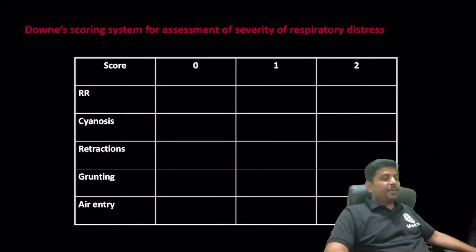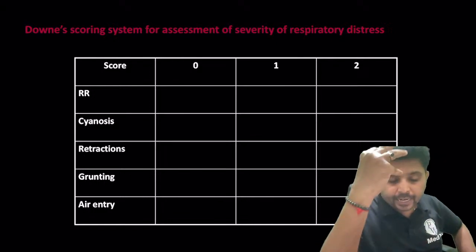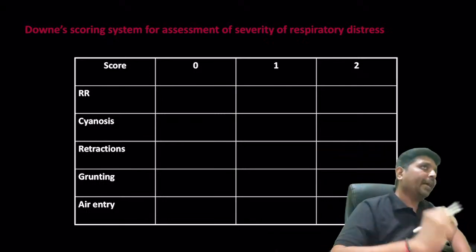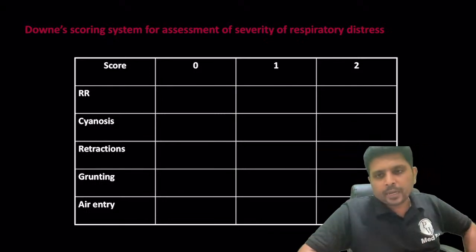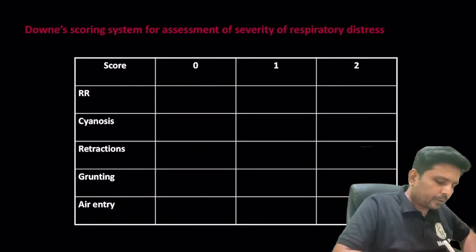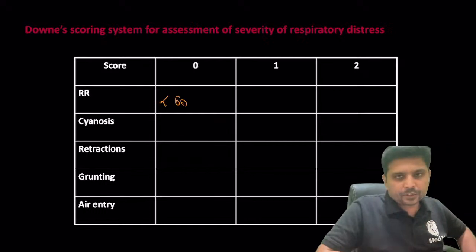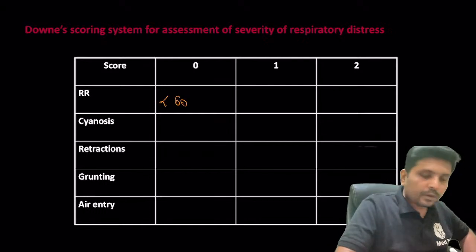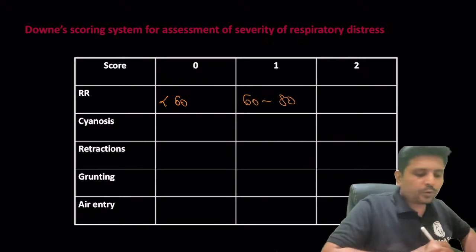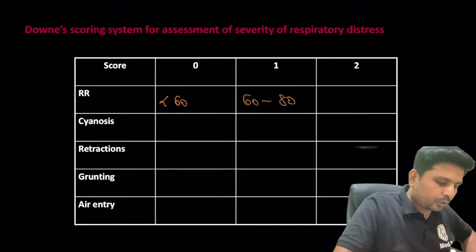Okay, then you might be given a case of respiratory distress in a newborn, and you might be asked to calculate the Downes score. How to calculate the Downes score? Respiratory rate less than 60 per minute is given a score of 0, 60 to 80 a score of 1, and more than 80 a score of 2.